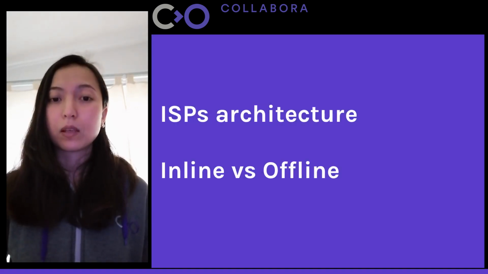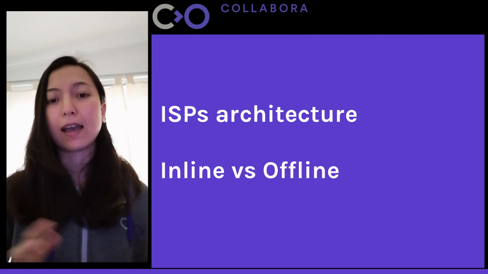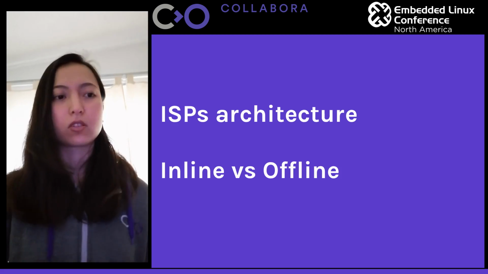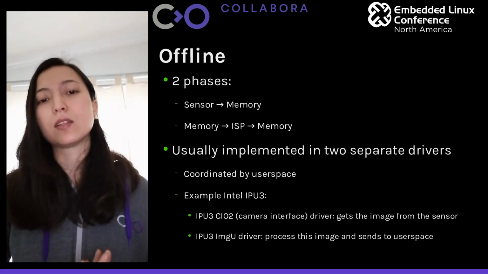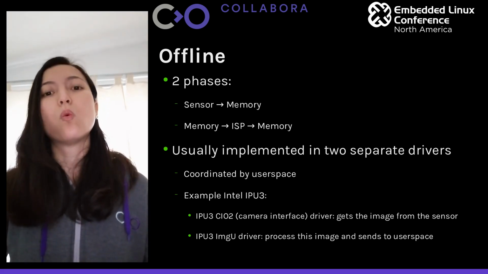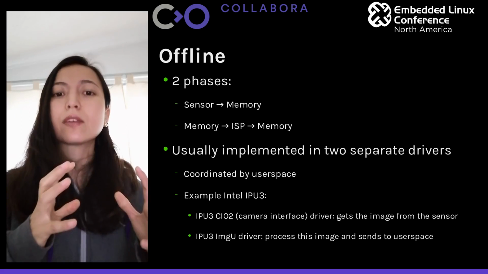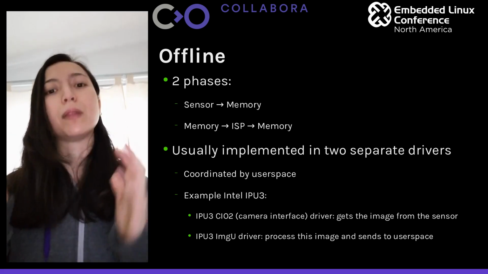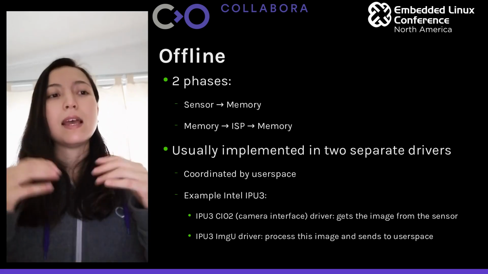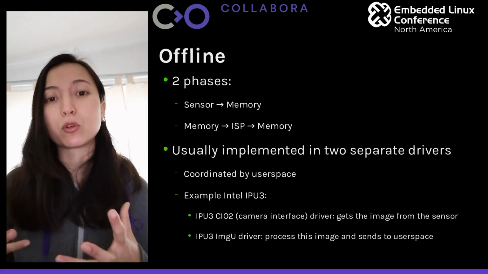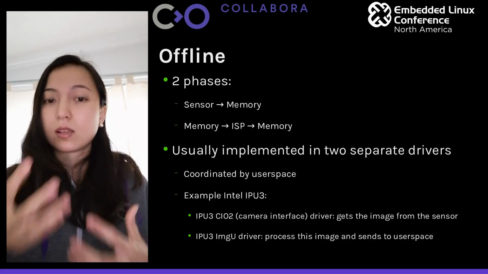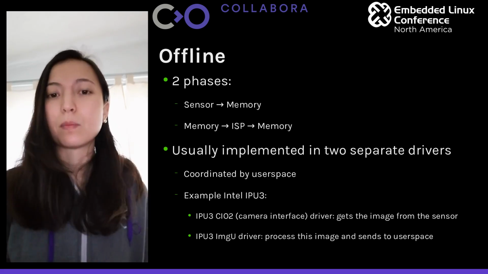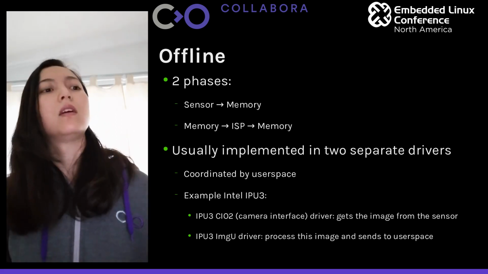Now let's talk a little bit about different kinds of ISPs, inline versus offline. Offline ISPs can be divided into two phases. One is to retrieve the information from the sensor and place it somewhere in memory. The other one is getting this memory, that's usually in a Bayer format, doing some kind of processing, and placing it back in memory.